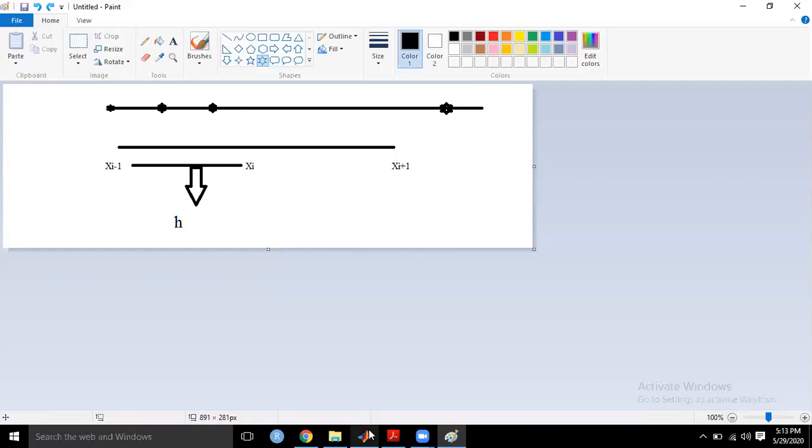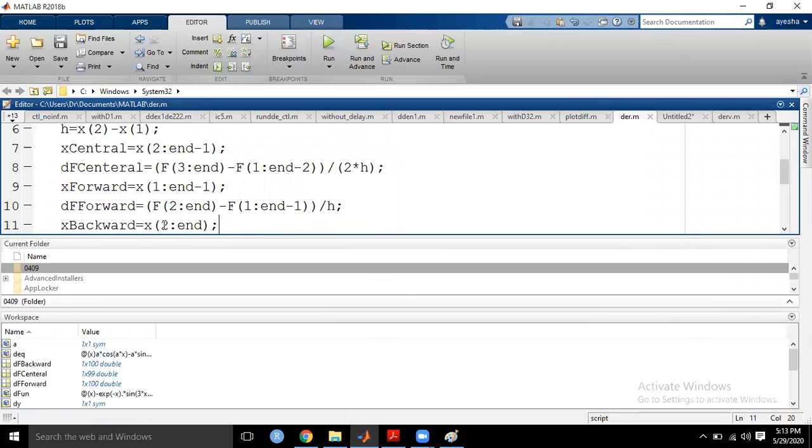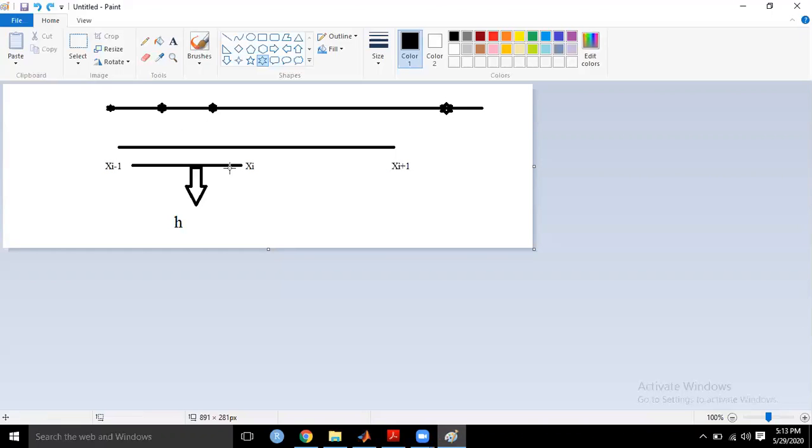For the backward differentiation, let us look at the x input. Can you see here, students? It is starting from the second point and ending at the ending point. So we will now remove this first point. Why? Because for the backward differentiation, if I want to find f dash of xi, the formula is f of xi minus f of xi minus 1.